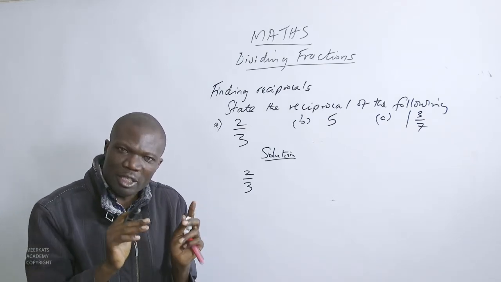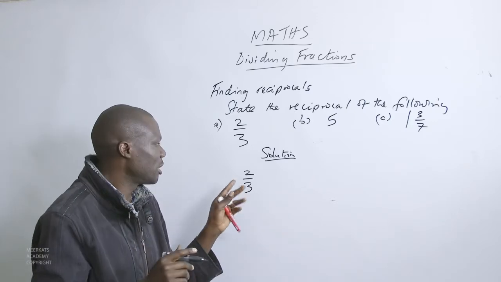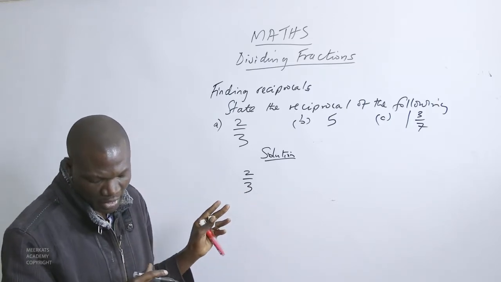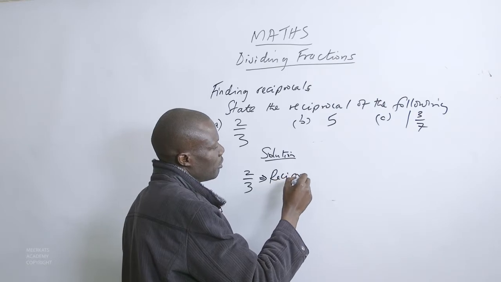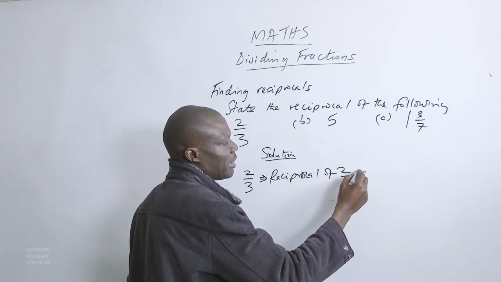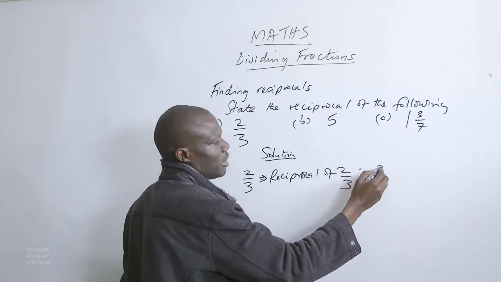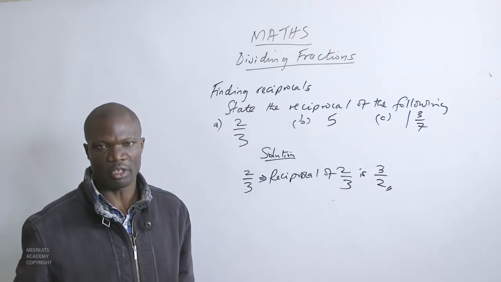And to get a reciprocal, you simply invert the denominator and the numerator. So the reciprocal of 2 over 3, when you invert this, will be 3 over 2.